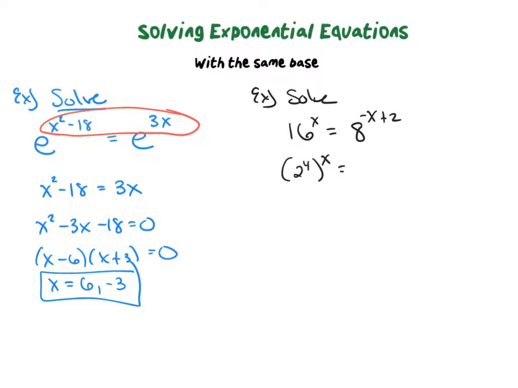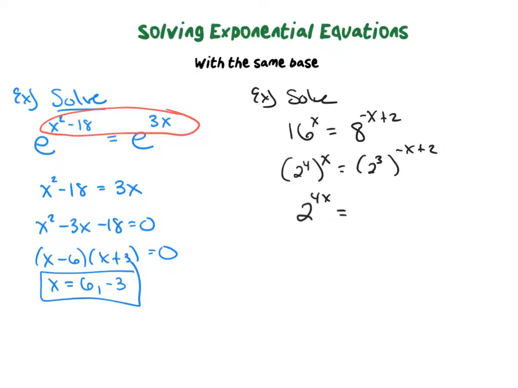And remember, when you have an exponent and you raise that to another exponent, we multiply the two exponents together. So this becomes 2 to the 4x. On the right-hand side, let me write parentheses, negative x plus 2. 8 is 2 to the 3rd power.